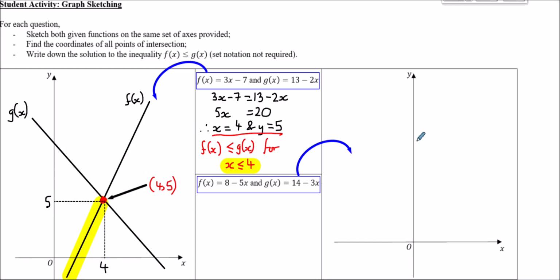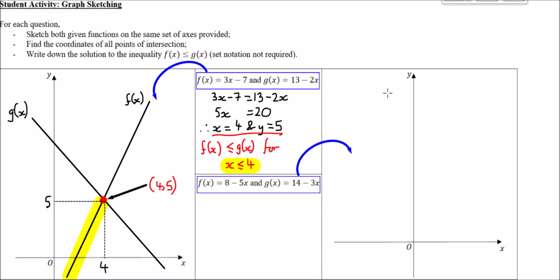The second one, on the right-hand side. So what we've got here is f of x is 8 minus 5x, and g of x is 14 minus 3x. And so we can sketch these fairly easily, to be honest. F of x, so it's going to have a y-axis intercept of 8. It's going to be very steeply negative. So it's going to have a gradient of -5.